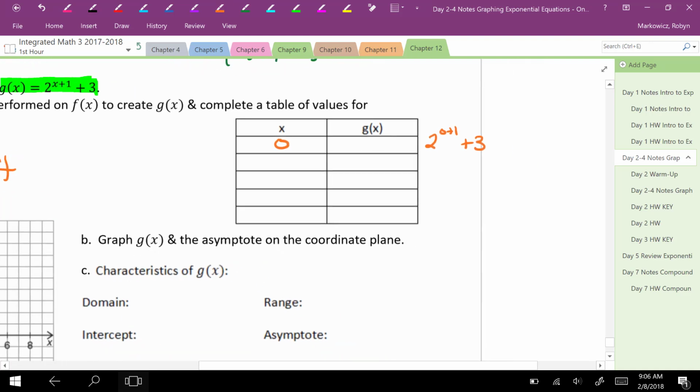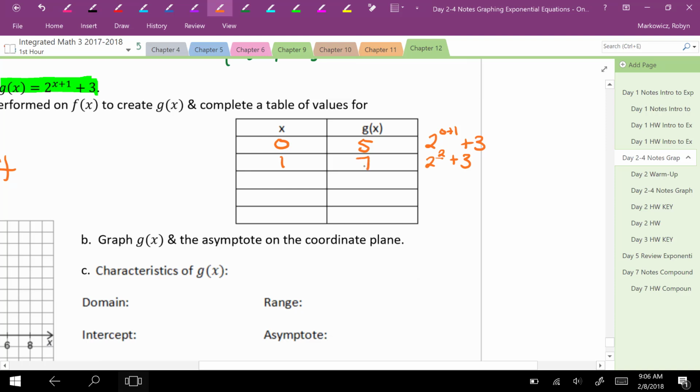What is 2 to the first power? 2. So it's 5. Good. Right there you found your intercept. Give me another x value. 1. So we have 2 to the 1 plus 1, 2 to the second plus 3. 2 squared is 4. 4 plus 3 is 7.